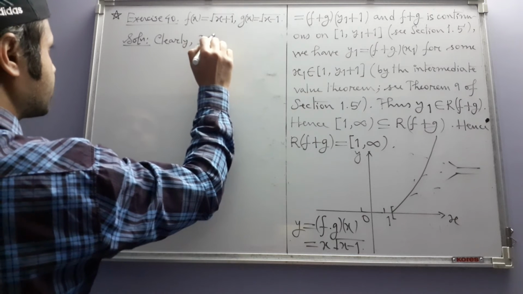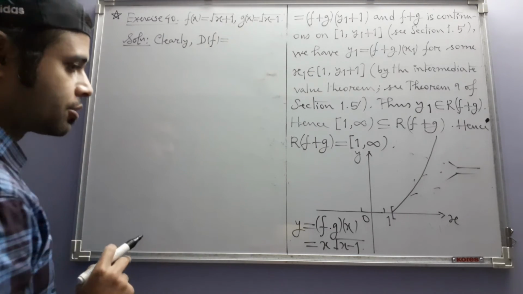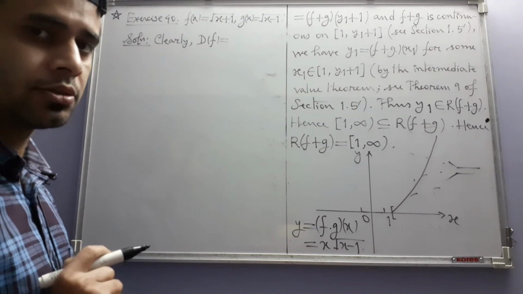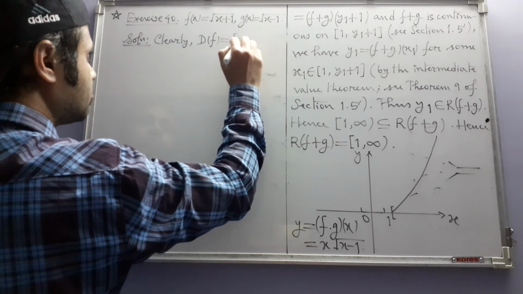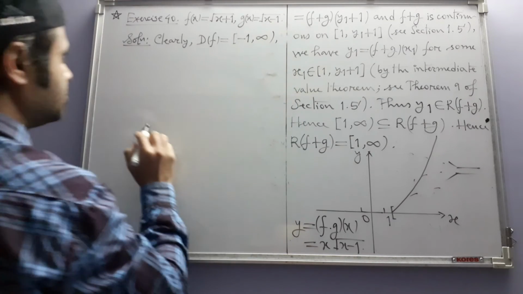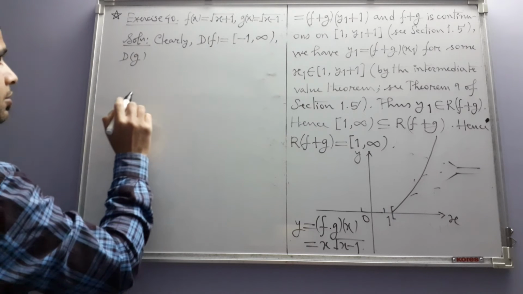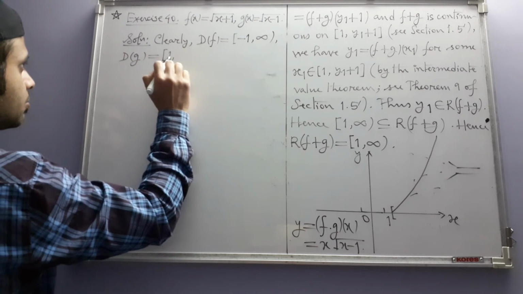Clearly, domain of f, x plus 1 should be non-negative, so that means x should be greater than or equal to minus 1. So this is the domain of f, domain of G. Here x should be greater than or equal to 1.